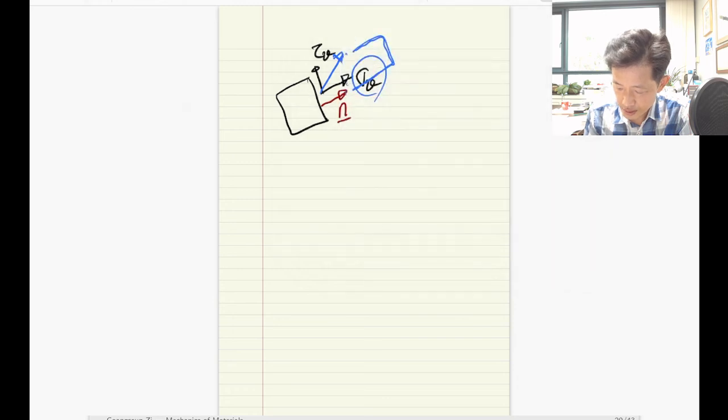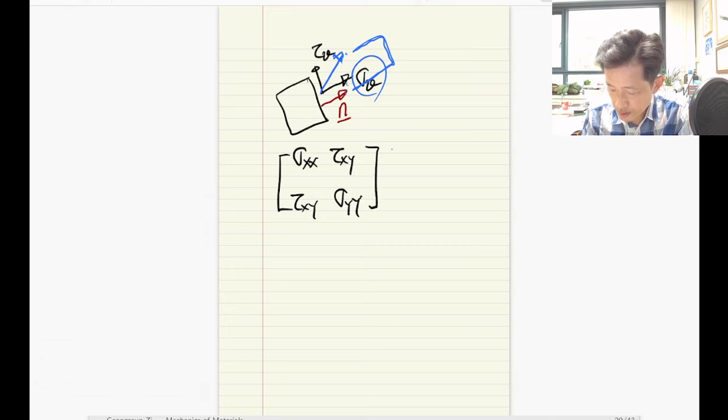So in that case, for example, sigma xx, and according to our notation tau xy and tau xy, and sigma yy. If you consider the dot product in a certain direction, then we get a certain traction whose value can be measured.